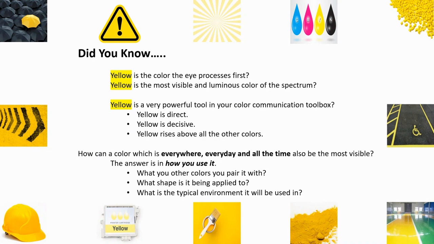And also, what is the environment that it's going to be used in? What is your ultimate end customer? How are they going to see it? Is it going to be indoors, outdoors? All of these types of questions would be taken into consideration when you're choosing the general color yellow and what shade and what effect you're trying to achieve.